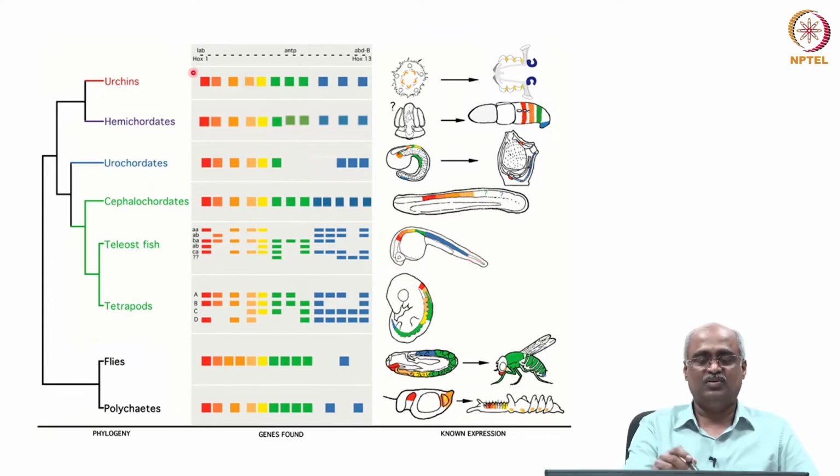For example, if you look here, you have genes on a particular chromosome, HOX1 to HOX13, arranged in this particular order, and they are color coded.